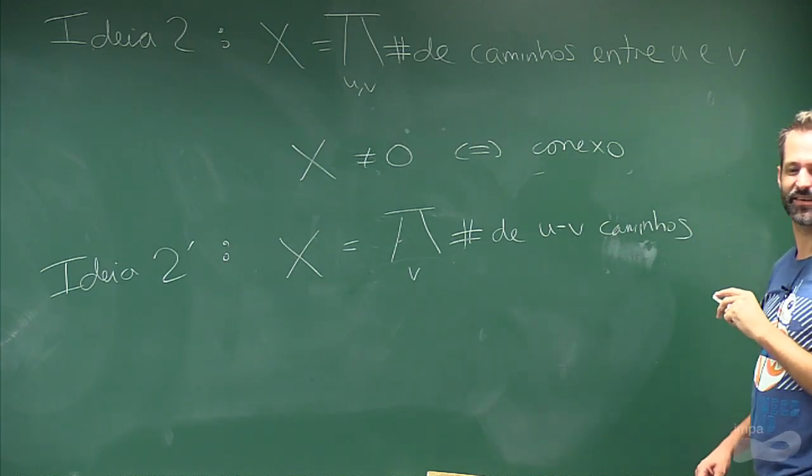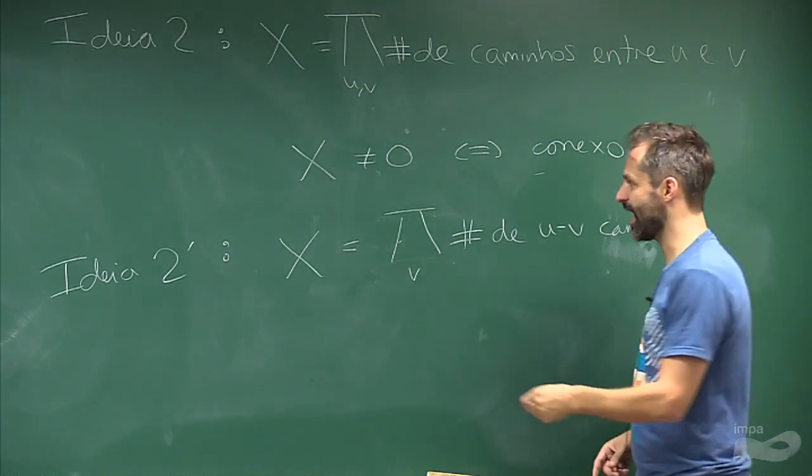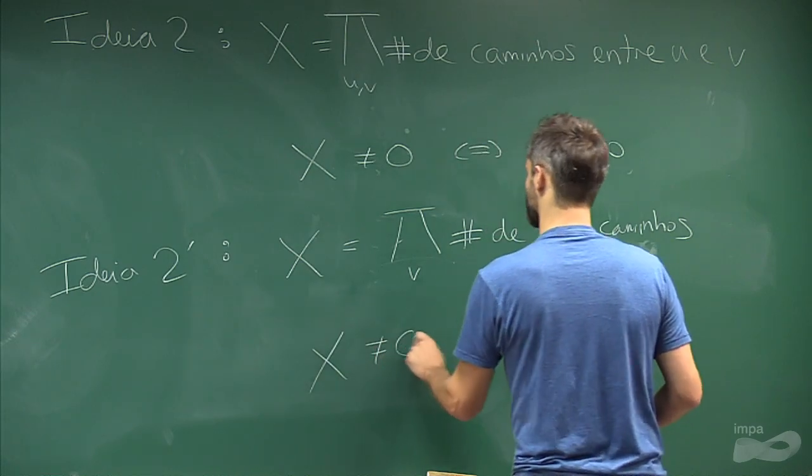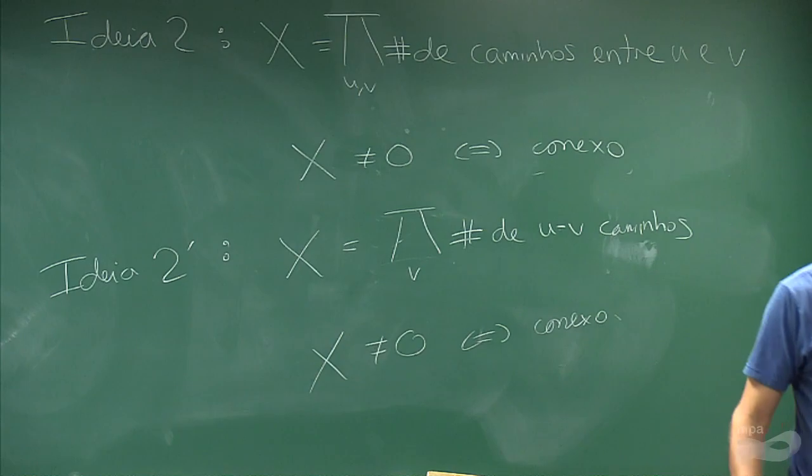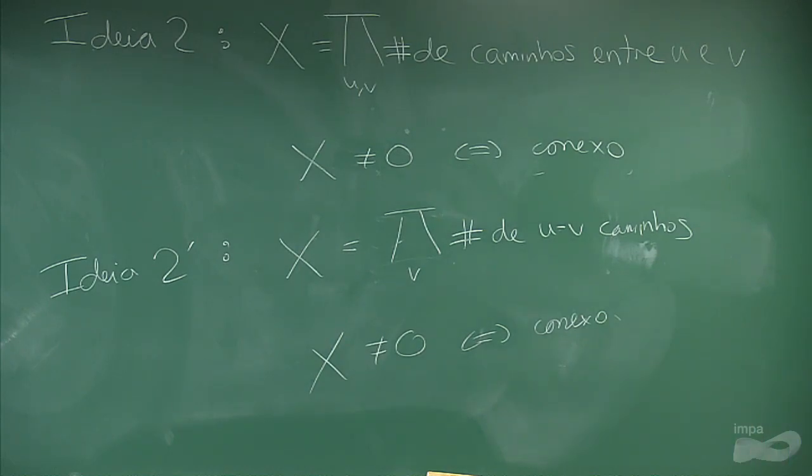Is that right? Yes, for any fixed v. Yeah, so again, x is non-zero if and only if connected. Yeah, so good modification. Now it definitely looks easier than before.